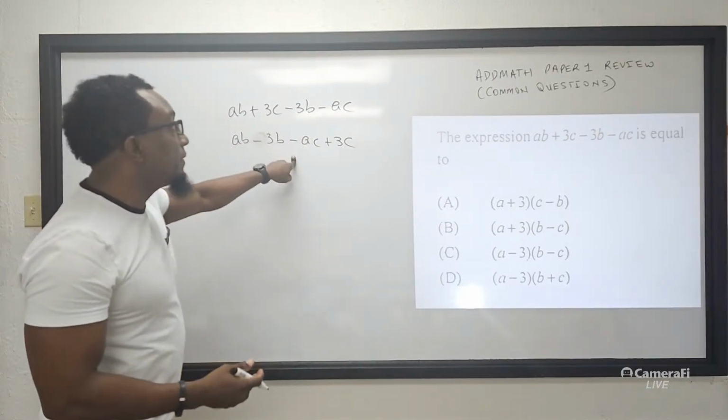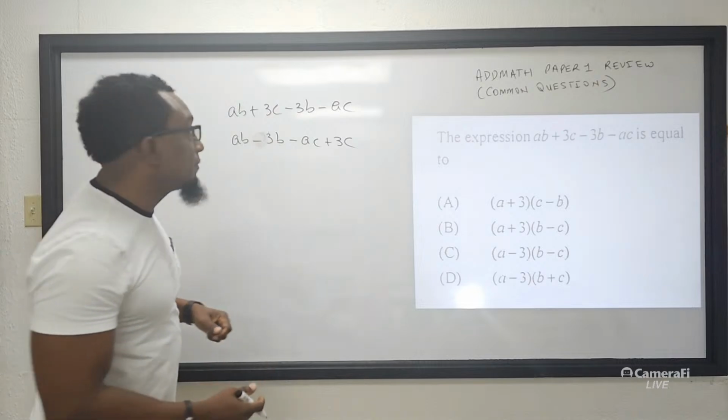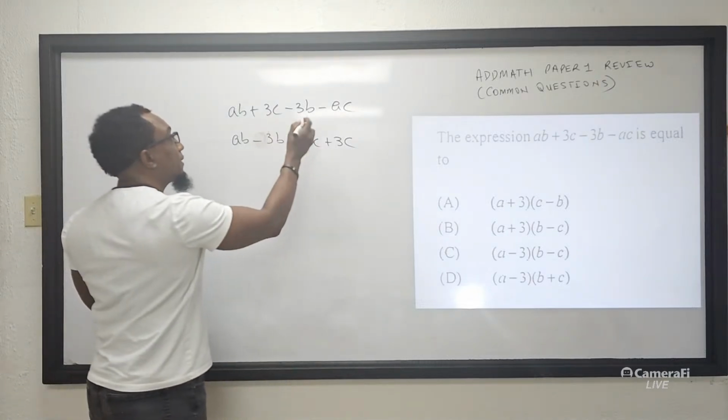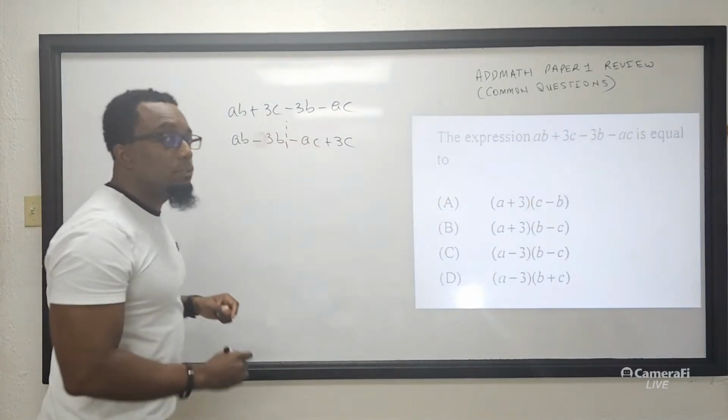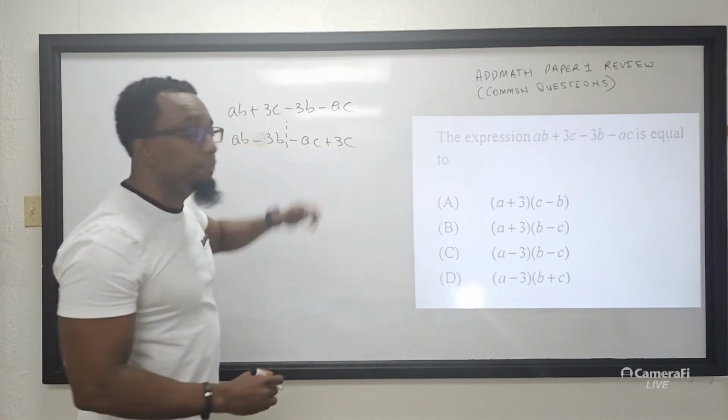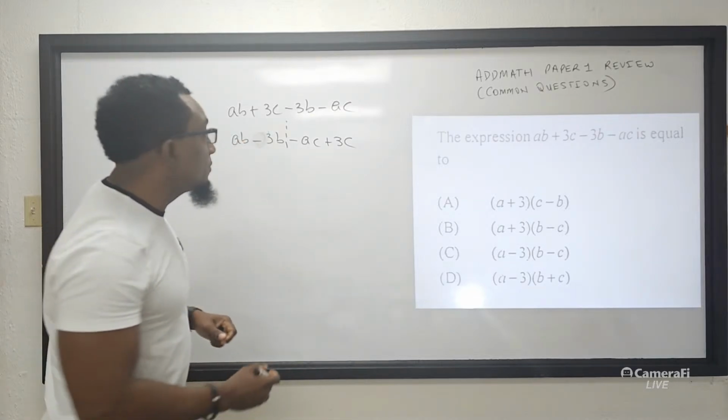So I'll put negative AC first plus 3C after. I'm going to divide it into 2 pairs because I have 4 terms, 1, 2, 3, 4. So I divide into 2 pairs.